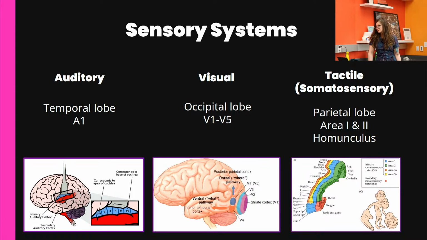We have a different number of neurons that are associated with tactile sensation, which is illustrated by this homunculus. It's showing the ratio of how many neurons we have, or how we're perceiving things in the body.